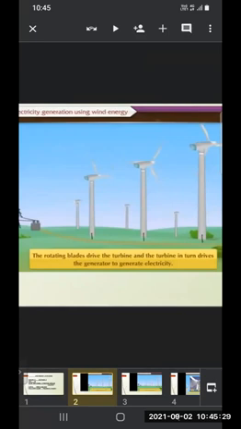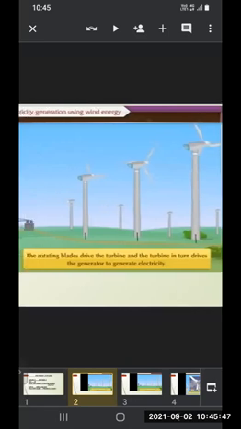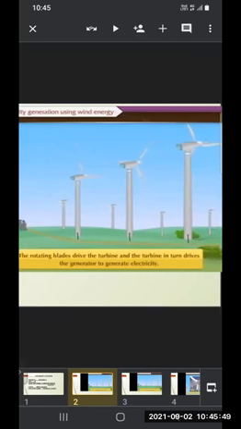The rotating blades drive the turbine, and the turbine in turn drives the generator to generate electricity. This is the picture of wind energy.